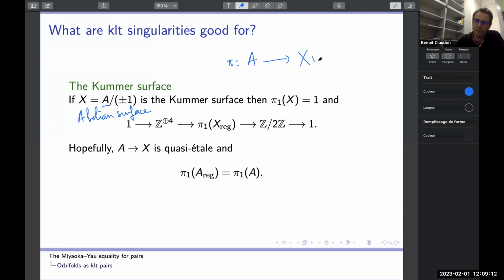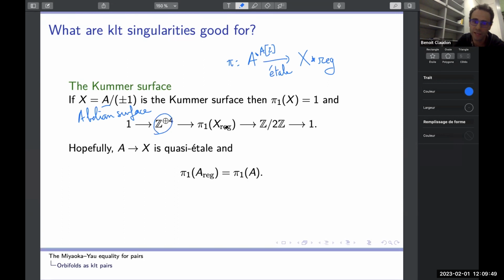But if you look at the pi1 of X reg, the regular part of X, then you see that the restriction of pi gives you an étale cover when you restrict it to the complement of the two-torsion points of A. And so of course the pi1 of A minus A2 is the same as the pi1 of A. So this is this Z4.